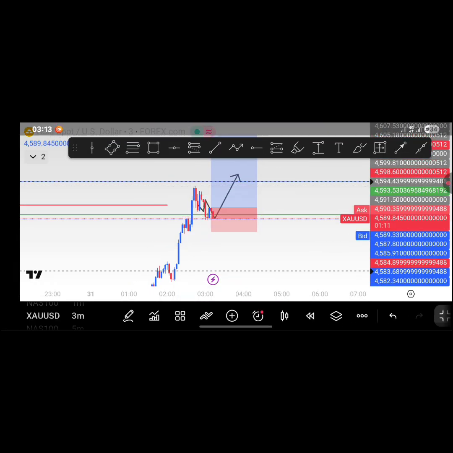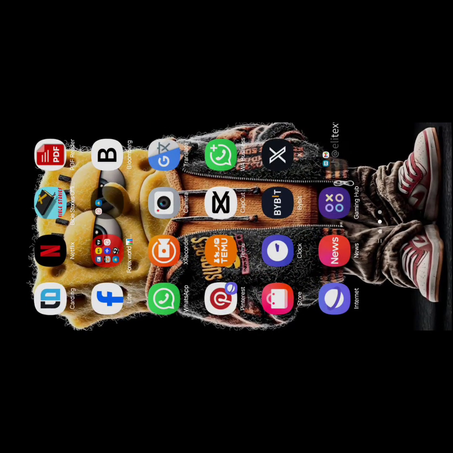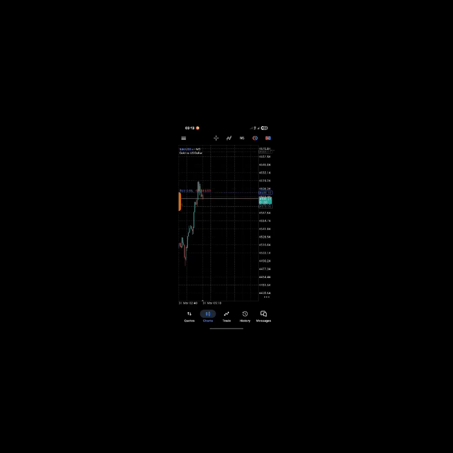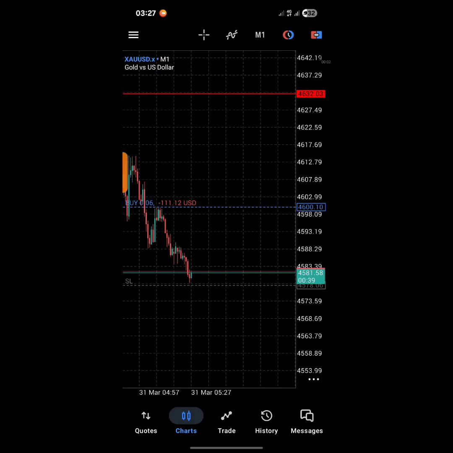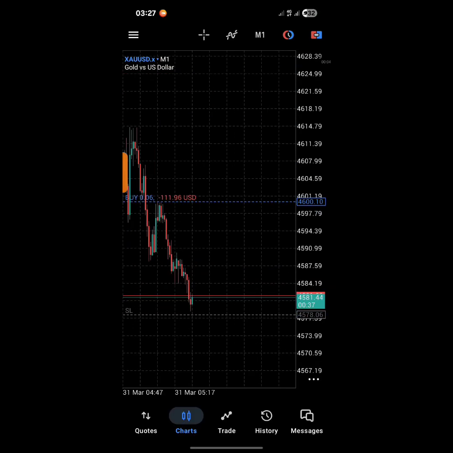So yeah, let me show what it looks like on MT5. Update you guys. This trade is very close to my stop loss, very close.